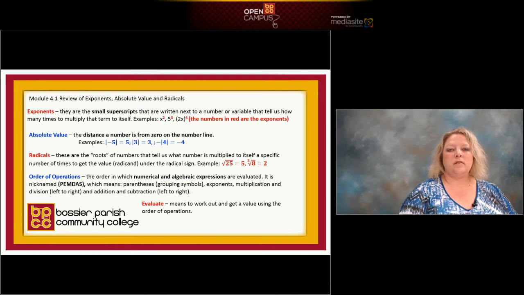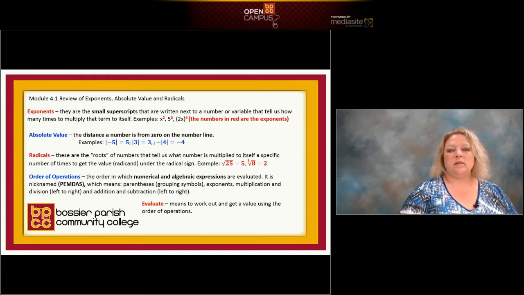Now what do those tell us to do? Those exponents tell us how many times we're going to multiply whatever the base is, whether it be a variable or a numerical value. We're going to multiply it to itself however many times that exponent says.